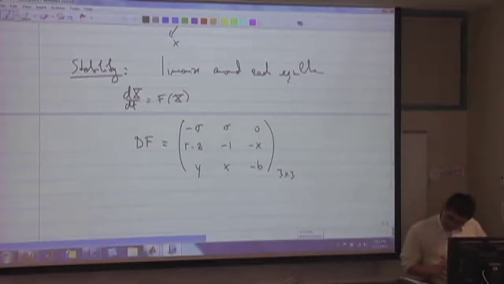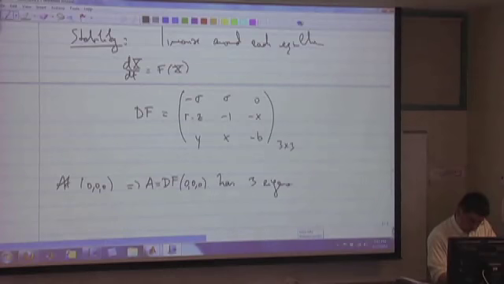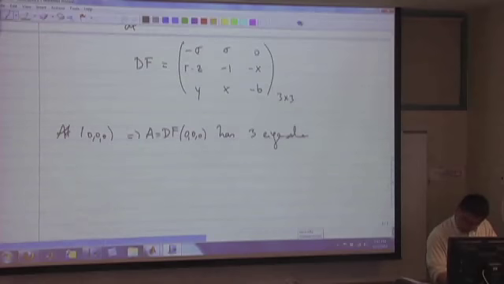So at 0, 0, 0, let's see, the matrix A has 3 eigenvalues, which are lambda 1, lambda 2, that's minus 11 minus square root of.